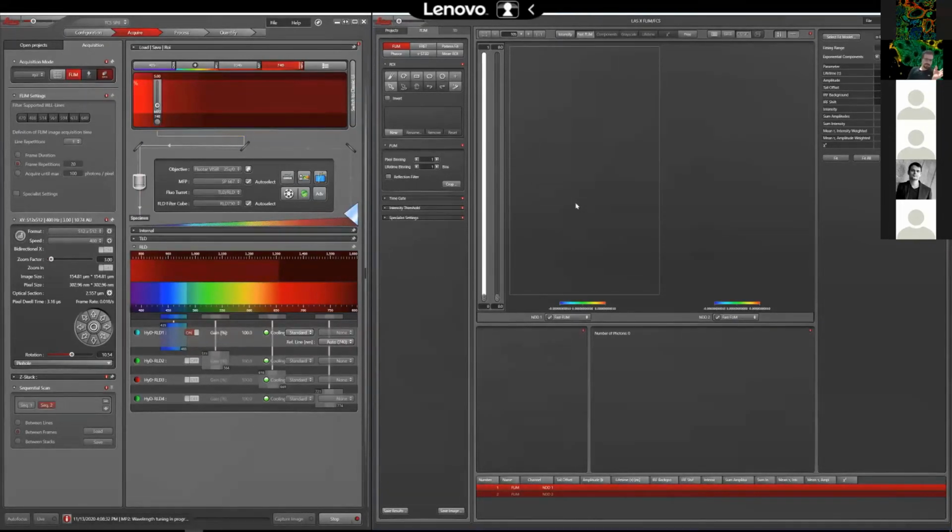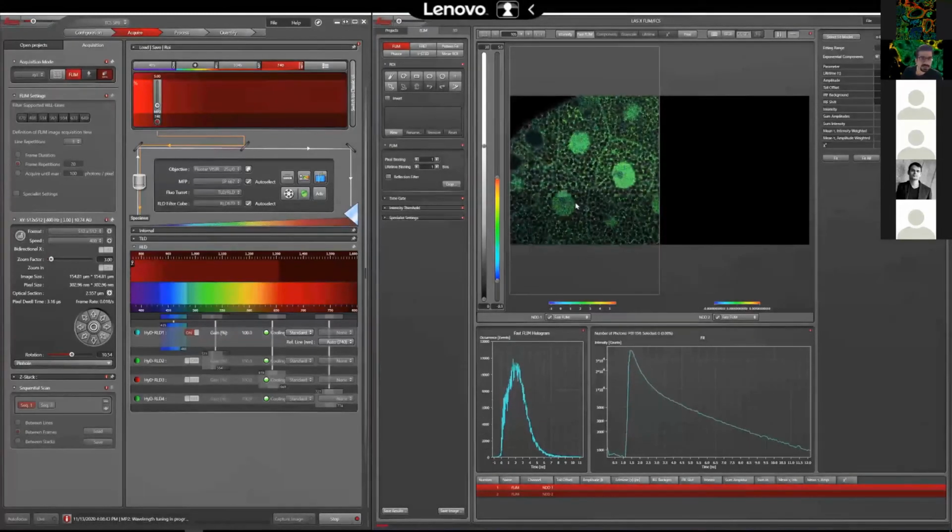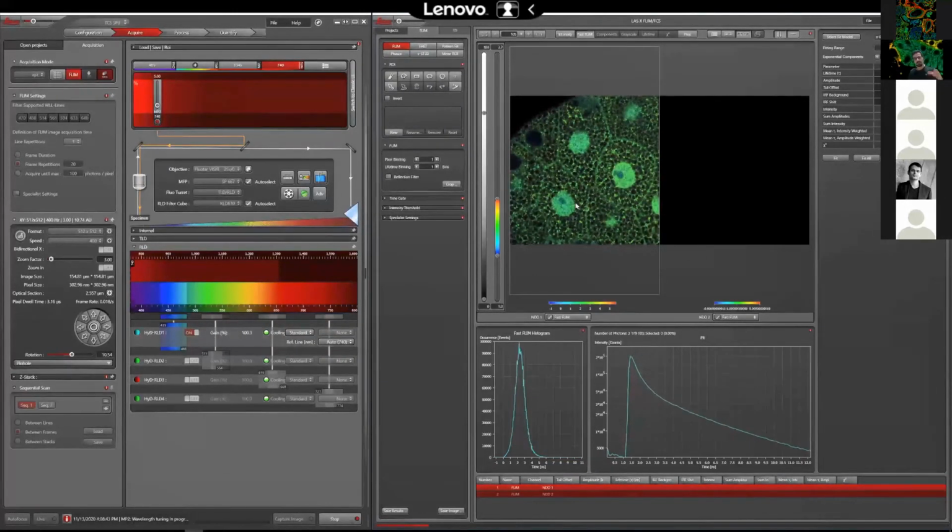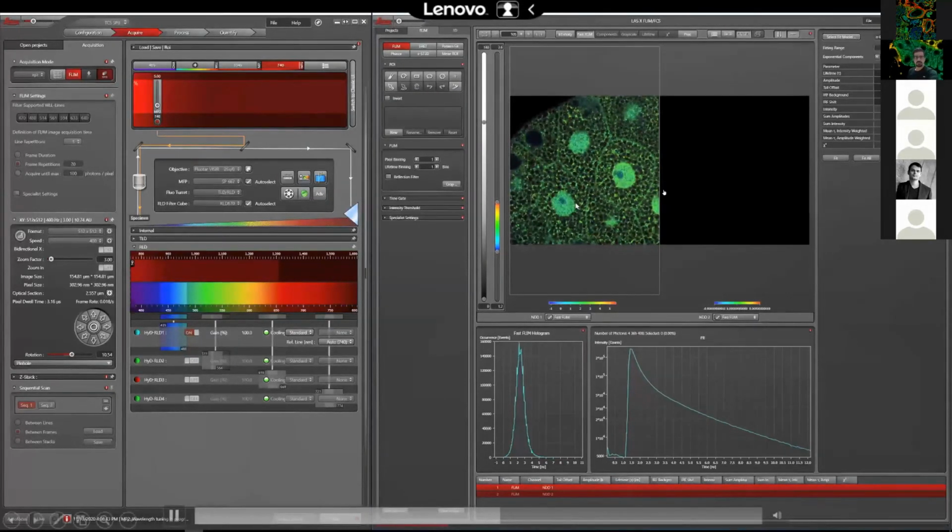I was adjusting with 900 nanometer, and now we start the 20 repetitions for the NADH, 740 nanometer excitation, and the detection is 435 to 485. It takes 20 repetitions and accumulates everything on the lifetime image, the fast FLIM image. Then we use the data from these 20 repetitions for the FLIM analysis.